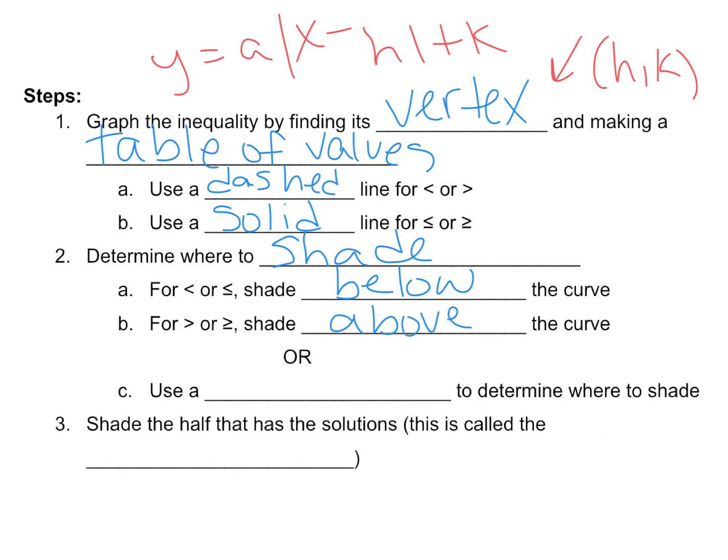And if this doesn't work for you, the other method is to use a test point to determine which area to shade. So when you choose your test point, either choose a point that is inside or outside of the V part of the graph, and we're going to shade the half that has the solutions in it, and that is called our solution region.